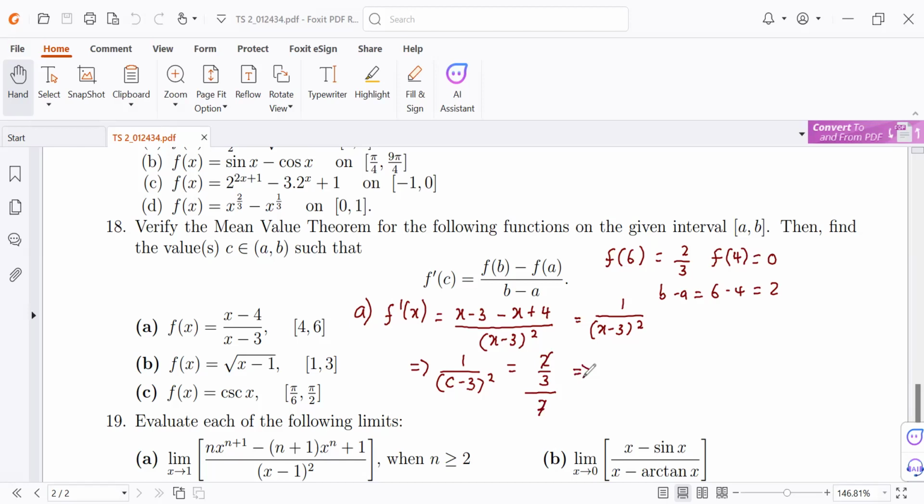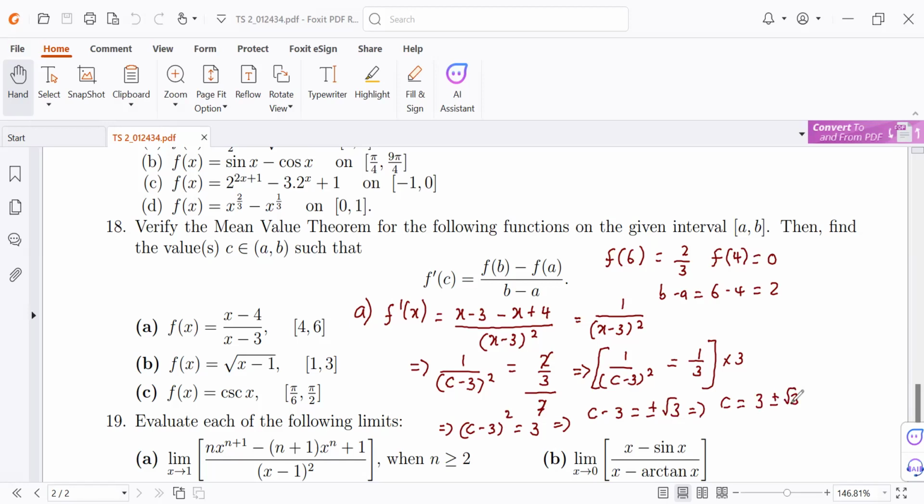So we end up having 1 over c minus 3 squared equal to 1 over 3. So if we multiply throughout by 3, we're going to get c minus 3 squared equal to 3, meaning that c minus 3 is plus or minus root 3. That implies that c is equal to 3 plus or minus root 3.